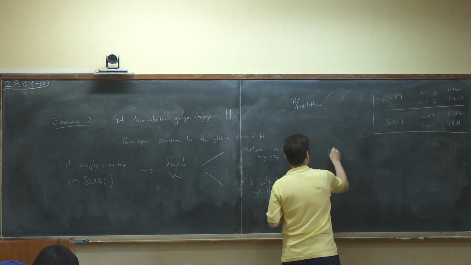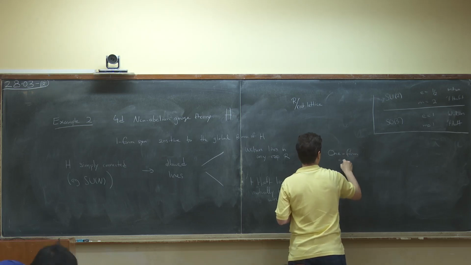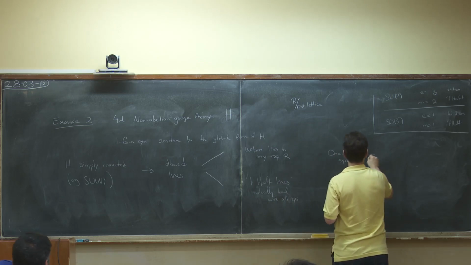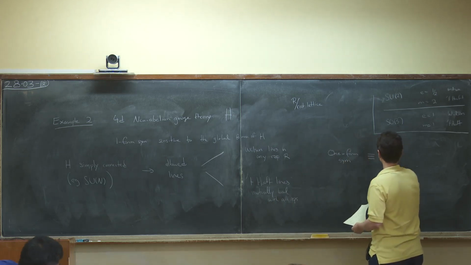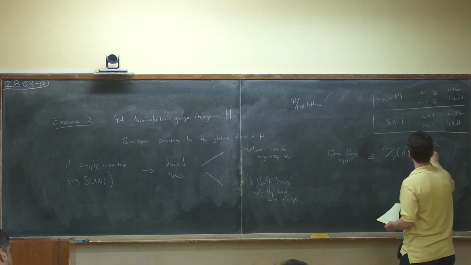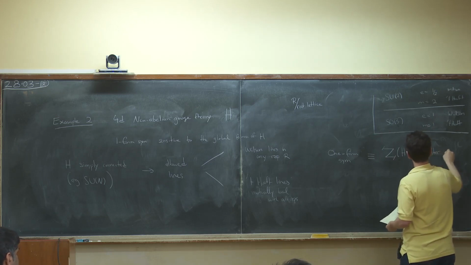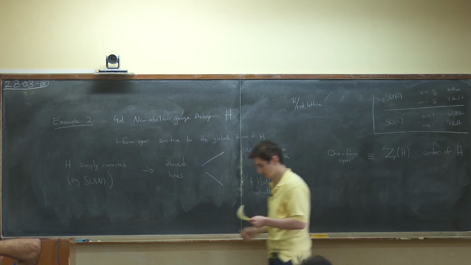So the one-form symmetry in this case, for SU(N), would be like the N-ality of the vector. That's exactly right. So the one-form symmetry will be Z of H, the center of the group. So for SU(N), it's Z_N.